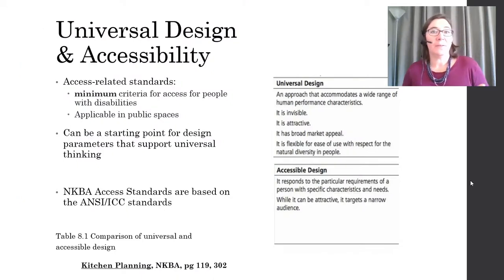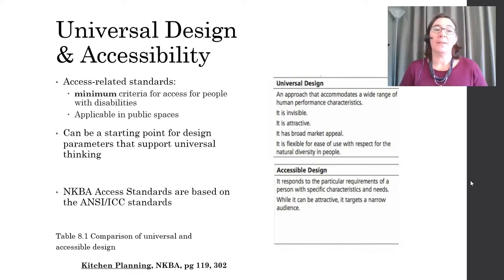So, what's the difference between universal design and accessibility? Where does the ADA come into all of this? Well, it turns out that access related standards like the ADA, which I'm going to talk about in a later video, all right, are minimum criteria for access for people specifically with disabilities. And they are applicable for public spaces.